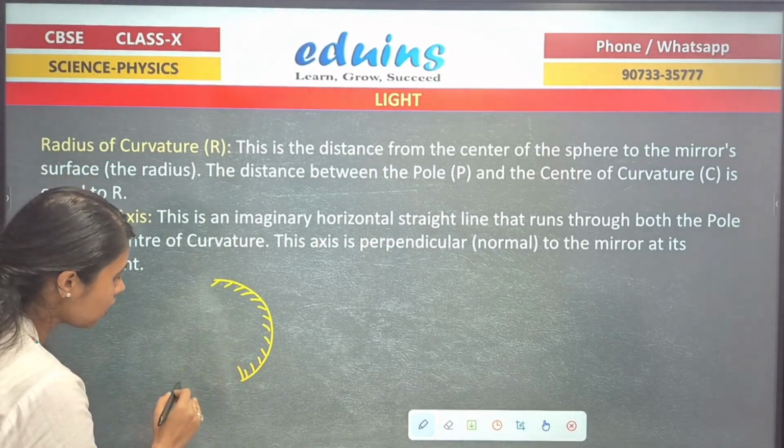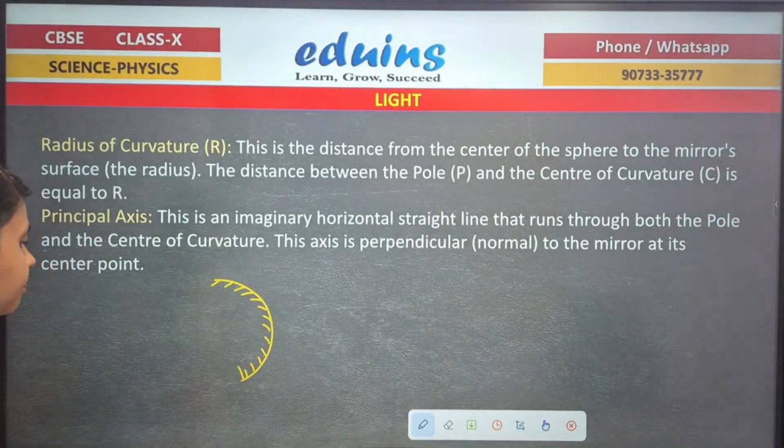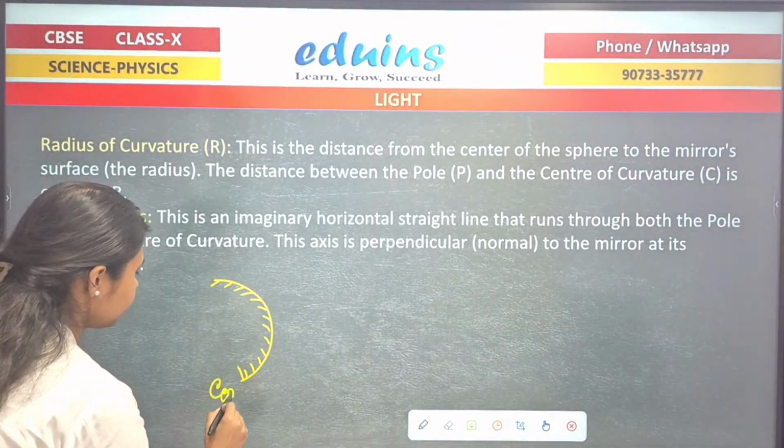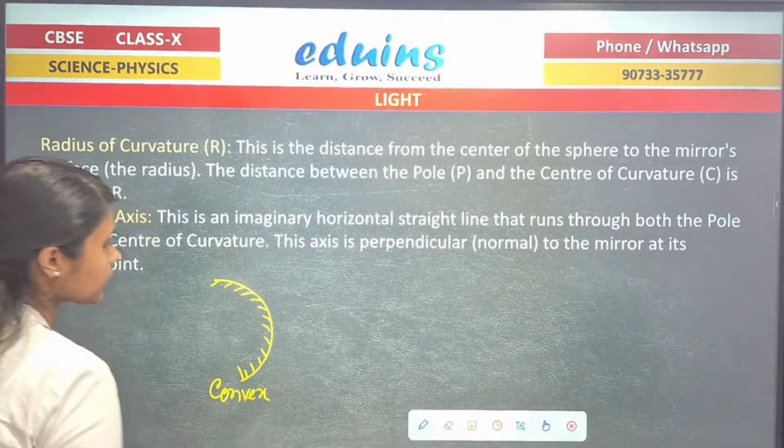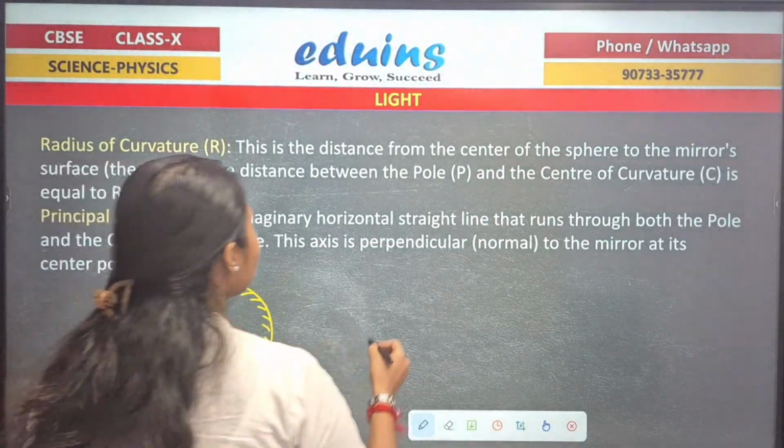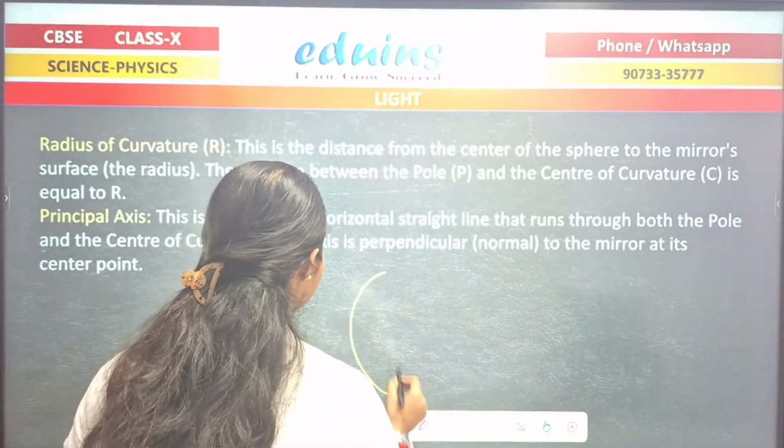So there is the coating of silver. This is convex mirror. Okay. Now this is concave mirror.